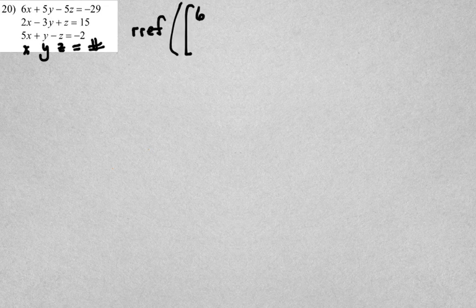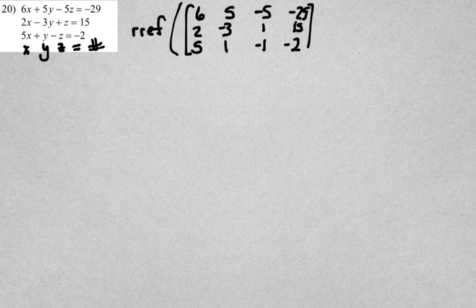So 6, 2, 5, 5, negative 3, 1, negative 5, 1, negative 1, negative 29, 15, negative 2. And then we get our answer.